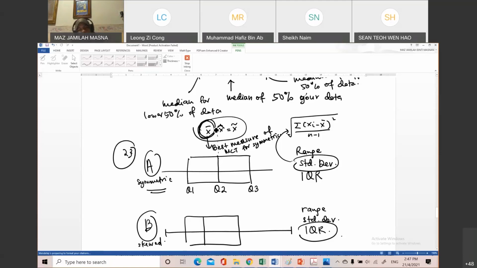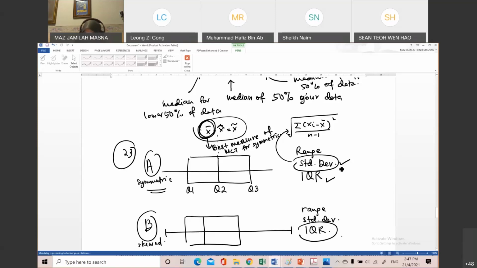When we are talking about the dispersion of your data for symmetric data, I believe your standard deviation can be used to represent the distribution of your data. Your IQR could be possible depending on what you are looking for.